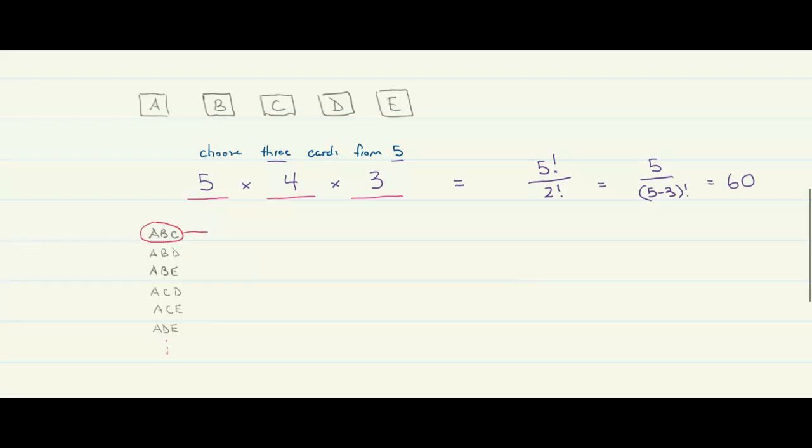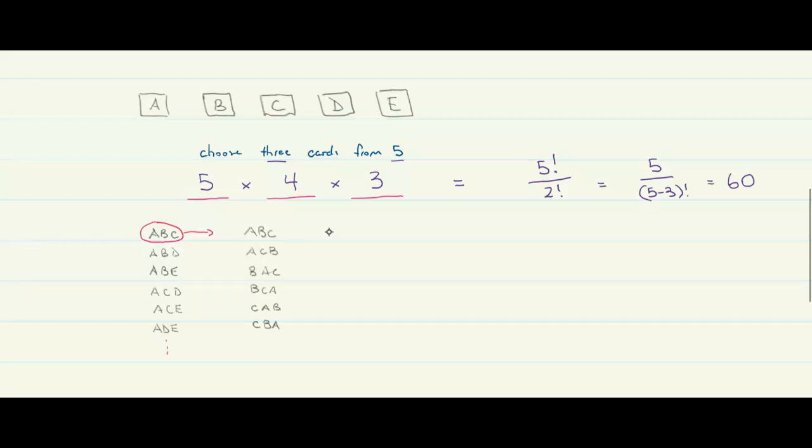How many ways could I write ABC, but in different order? I could write it as ABC, ACB, BAC, BCA, CAB, or CBA.